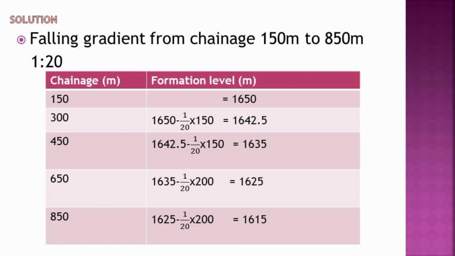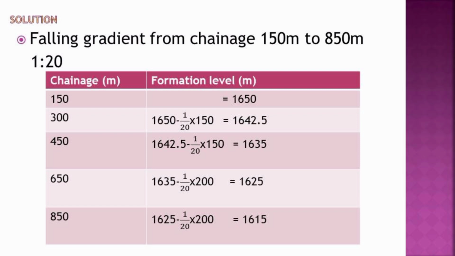Since my formational levels were less than the ground level, I apply the concept taught in setting out of a road. That means I'm going to use the formational level as my starting level, and the falling gradient is what is going to show me where I will be heading to.